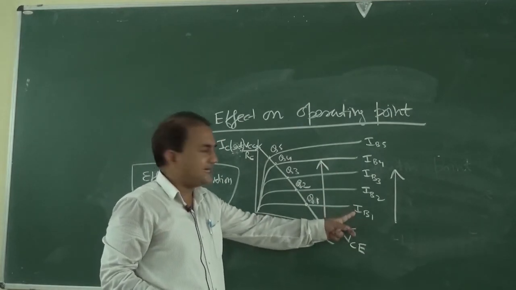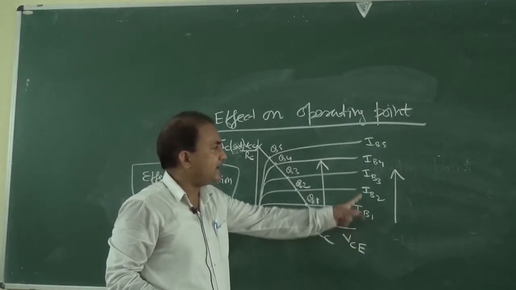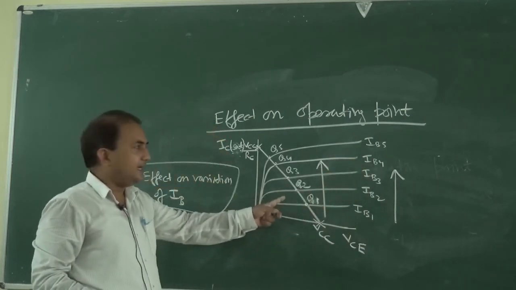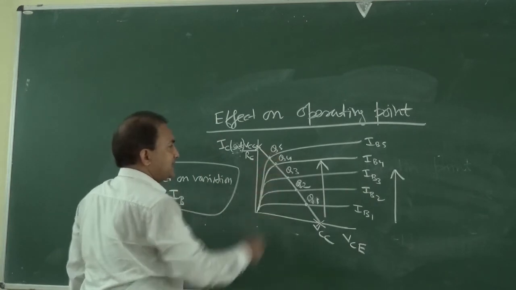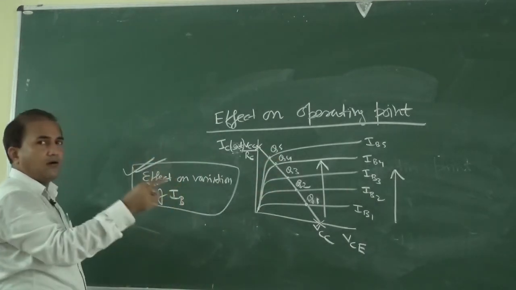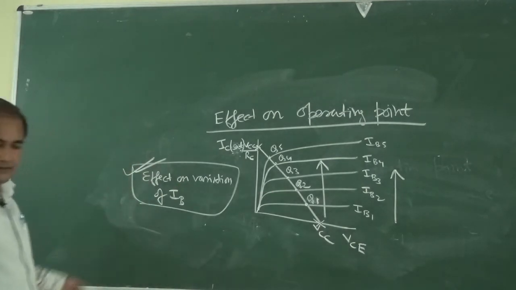IB increases like this, IB1, IB2, IB3, IB4, so the Q point increases in this manner. So this is the effect of IB on the Q point.